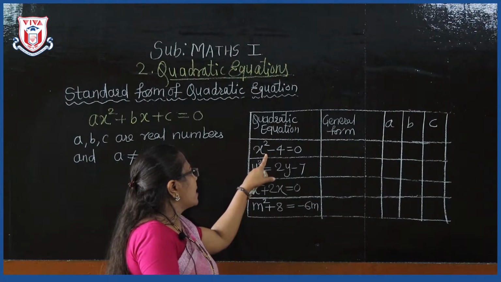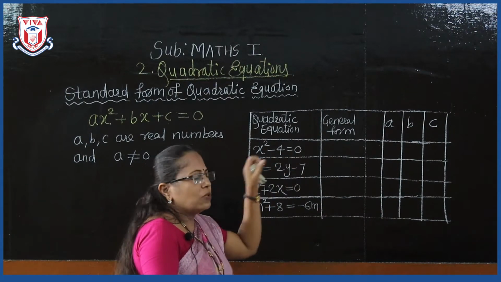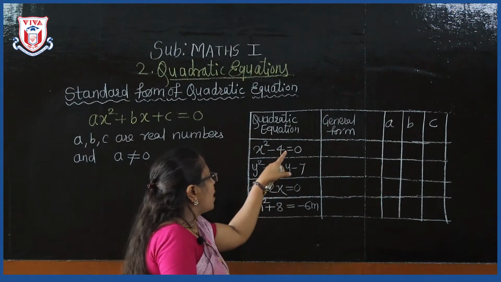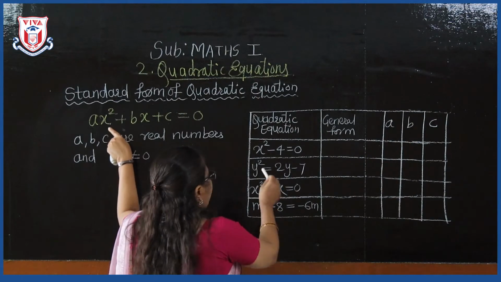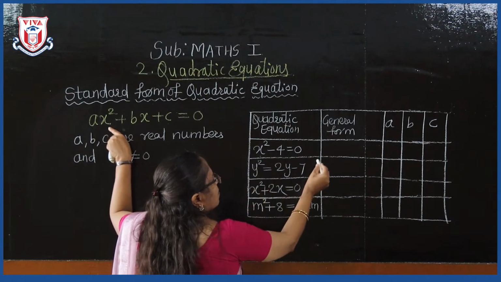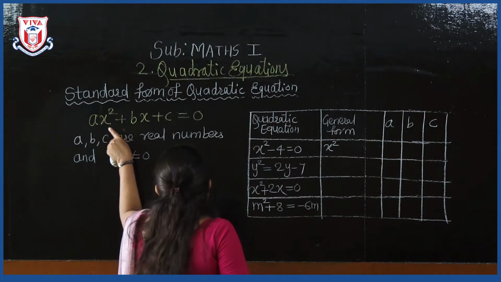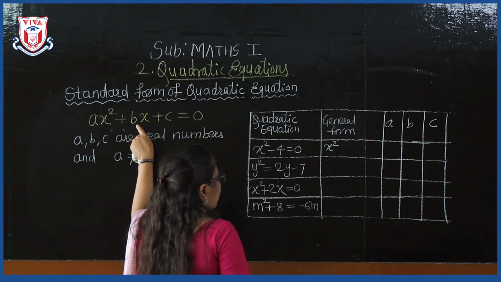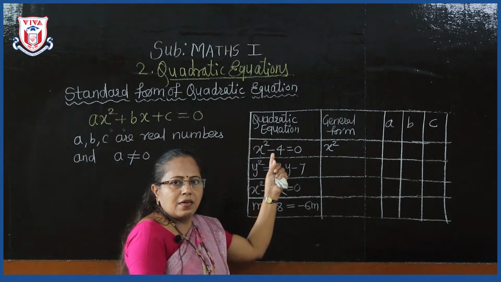So first equation I wrote, x square minus 4 equal to 0. Now you have to compare this equation with the general form. Square term is there in this equation. First write down the square term, x square. Second term is bx, means x variable term. Is it present here?